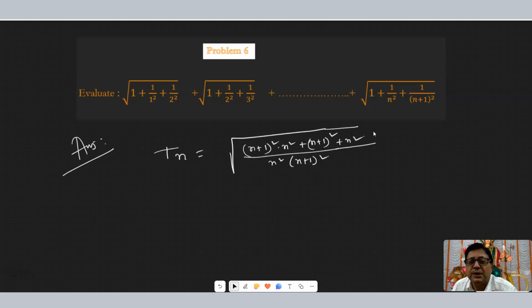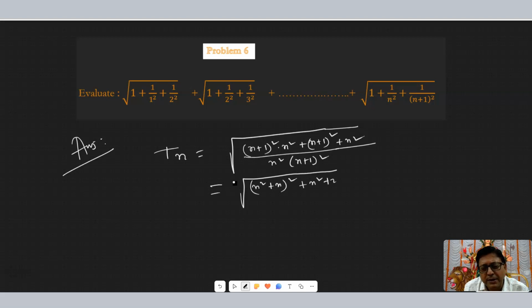Alright. So you can take something common from there, you can expand it also. What you will do there is write n square plus n whole square, n square, 2n plus 1, plus n square.